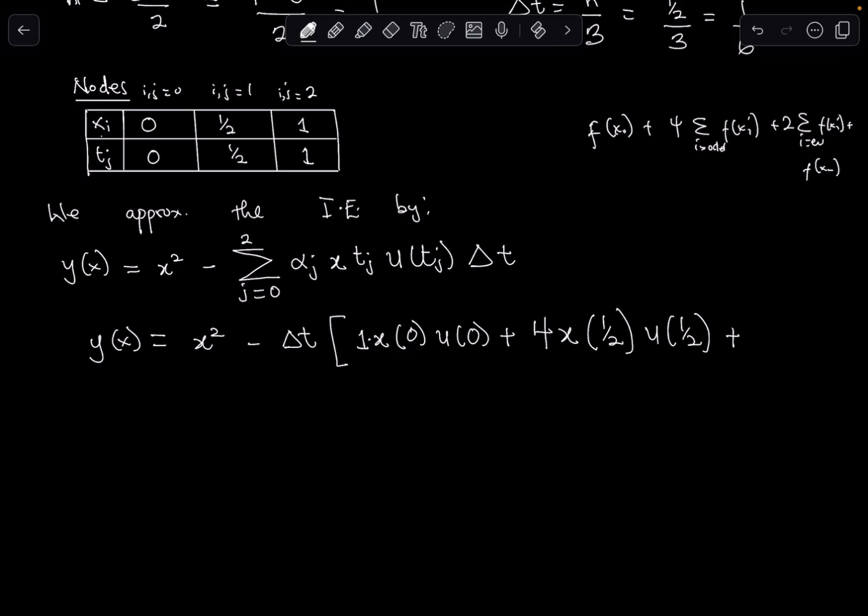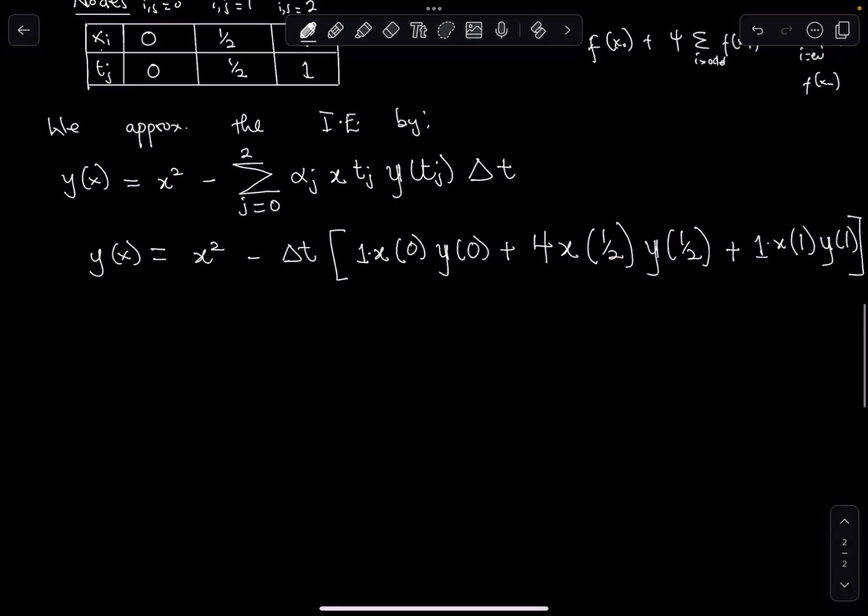Then plus, we have only one more node, and since that is an endpoint, the coefficient is just going to be 1. Okay, and then we're going to multiply this by x, and t2 is just 1, and u of t2, which is just 1. Oh, these are supposed to be y's, sorry. All these are y's, okay? So that's what we have.